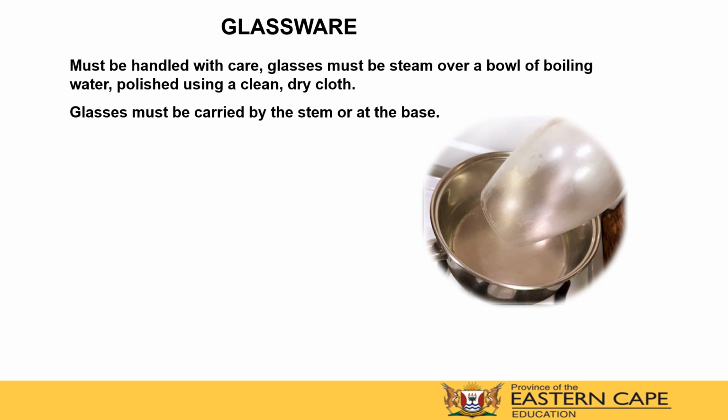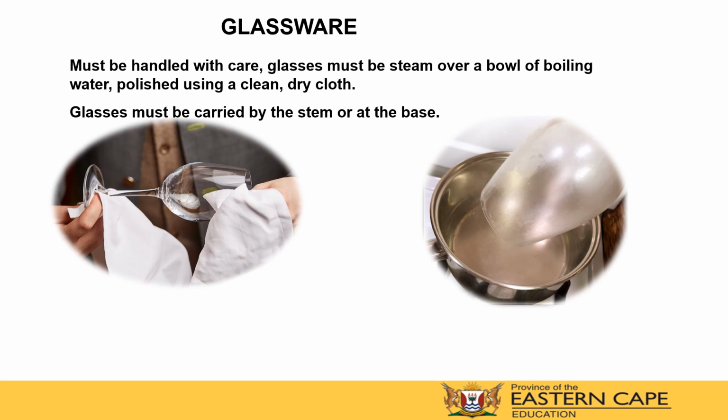And I've just got a next picture here to show you how you must hold the glass as you are steaming, to make sure that you do not leave any fingerprints onto the glass. So it's important to also note that the glasses must be carried by the stem or at the base, as you can see in this picture.